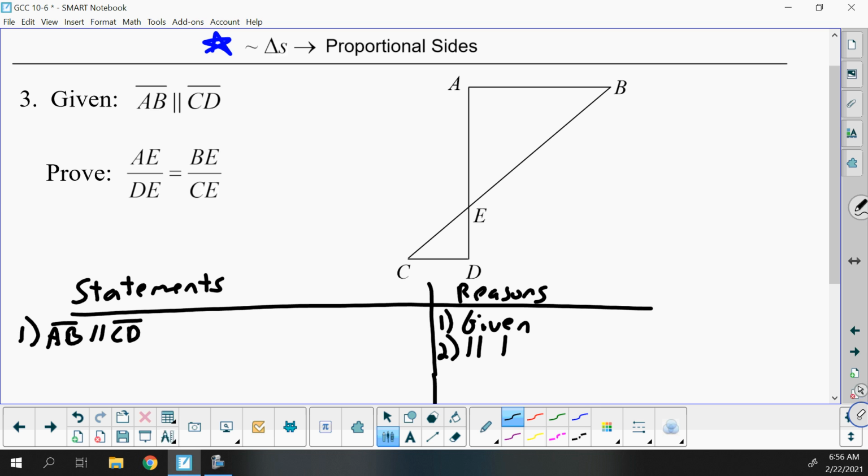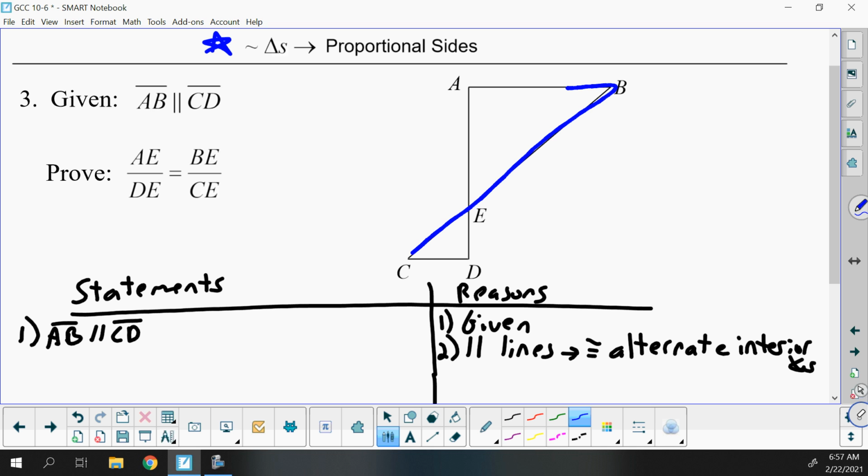We can do parallel lines implies congruent alternate interior angles. So one of our zigzags will give us B and C. The other zigzag will give us A and D.